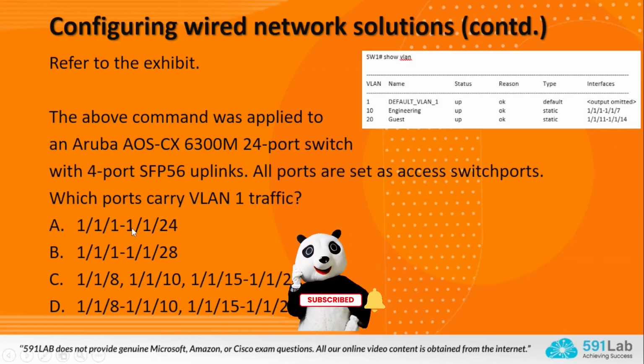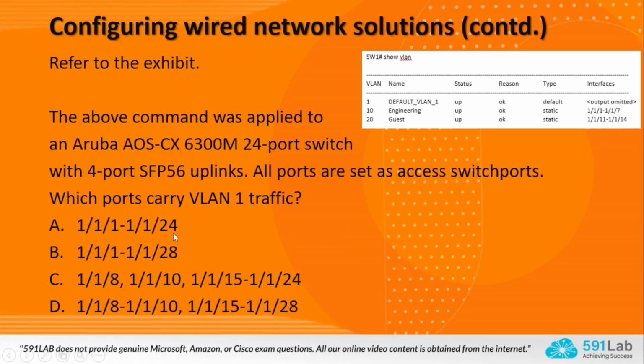Option A, 1/1/1 to 24. No, it's wrong because 1 to 7 is already assigned to VLAN 10. Option B, port number 1 to 28. No, that is also wrong because 1 to 7 is on 10 and 11 to 14 on 20. So A and B are wrong.